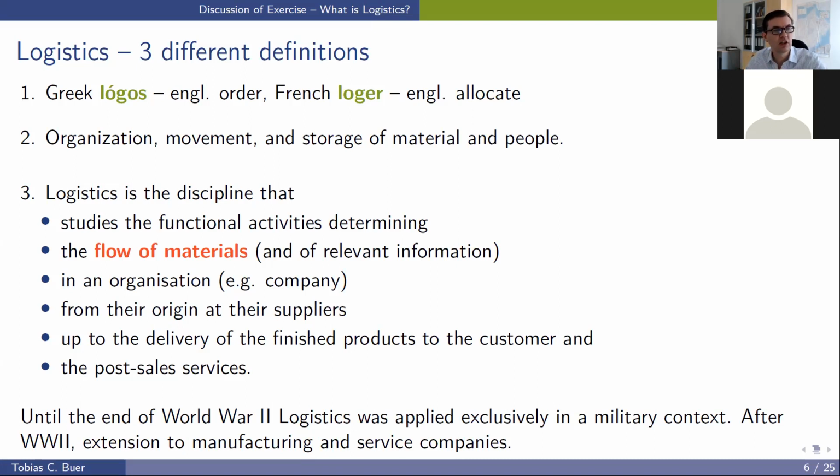Now, definition number 3 is a little bit more comprehensive. And number 3 reads as follows.